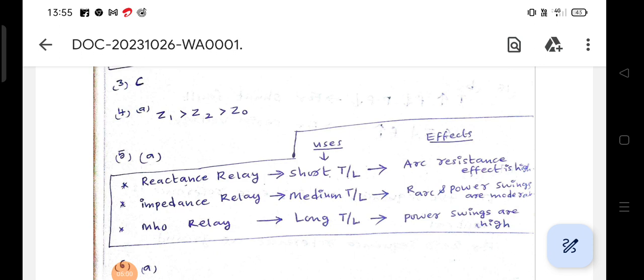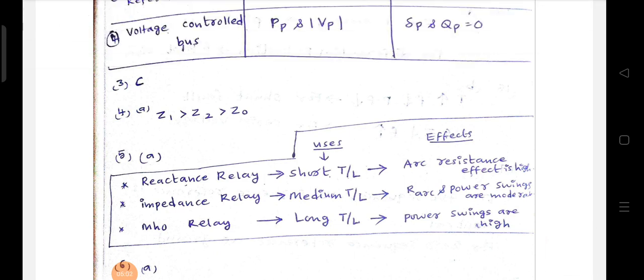In a medium transmission line, the arc resistance effect and power swing effects are moderate. In a long transmission line, power swings are high. Hence, for arc resistance effect and power swing effects, we can use the impedance relay. You can remember this point. This is also very important.